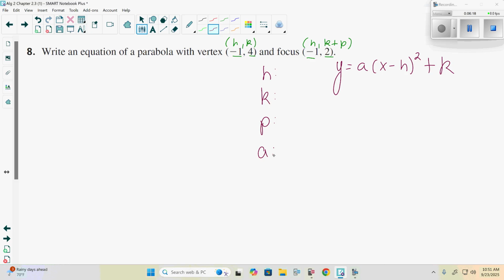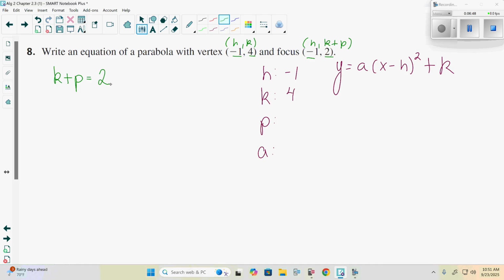Well, the vertex told us what h was. H is negative 1. K is 4. We have h and k, negative 1 and 4. Now, we don't have the value of p. But I do know that k plus p is what? 2, according to the focus being h comma k plus p.